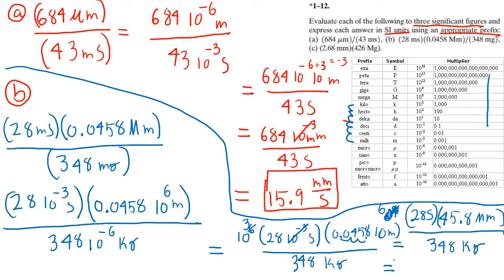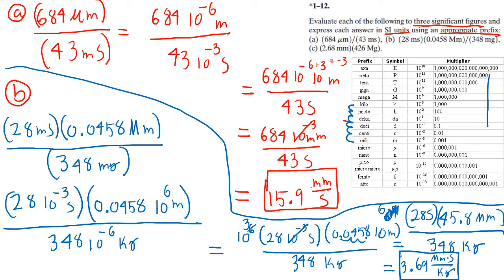Then we just have to make sure to put it in 3 sig figs. So you type that into your calculator: 28 multiplied by 45.8 all over 348. That's going to come out to a clean number of 3.69 megameters times second over kilogram. That is so nice.